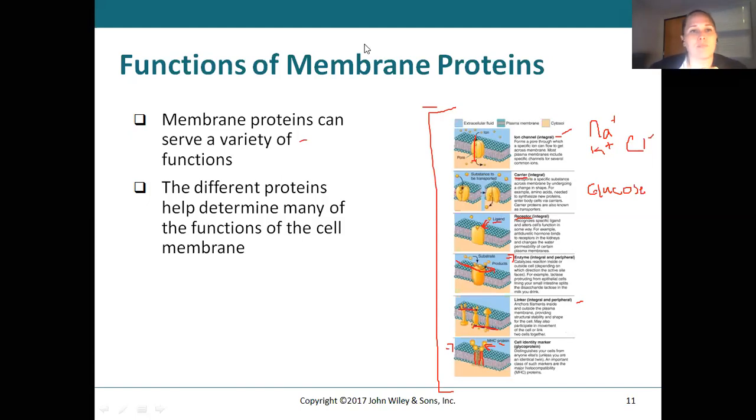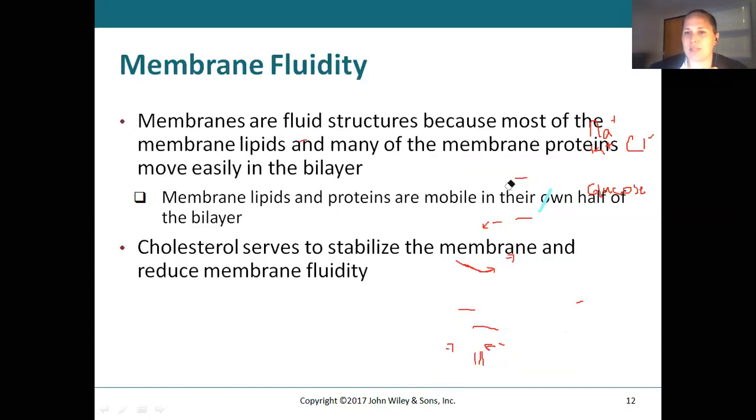Okay, now membrane fluidity. Membranes are very fluid structures. They are not like the cell walls we see in plant cells. They're far more fluid and can have a lot of different shapes and structures. Think of the structure of a nerve cell versus an epithelial cell: very different, yet their basic components are the same.